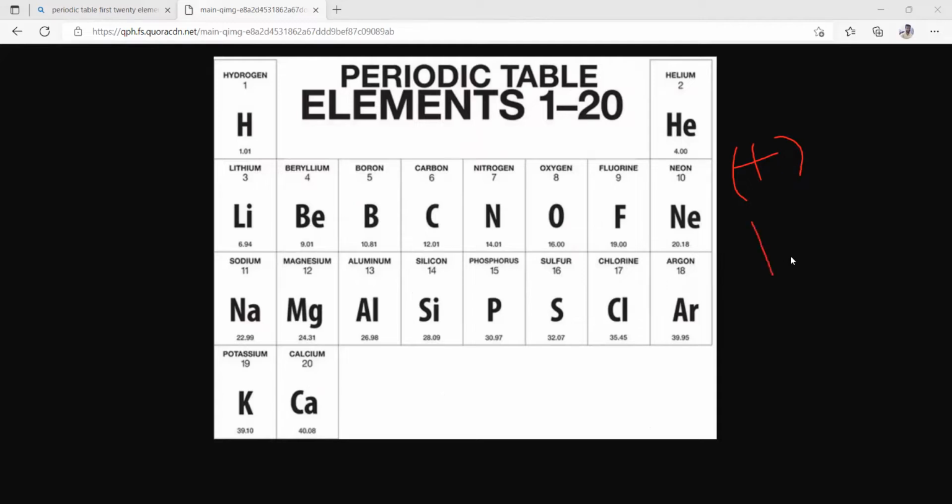So Na plus means how many electrons did sodium lose? Na plus means plus 1. How many electrons did sodium lose? One electron sodium lost. Right. If I put Mg 2 plus, now you tell me how many electrons magnesium lost?